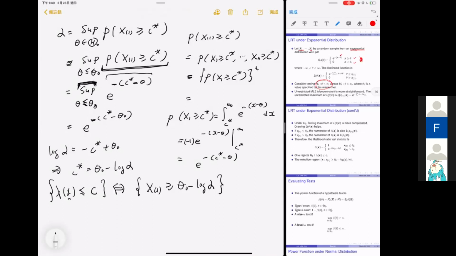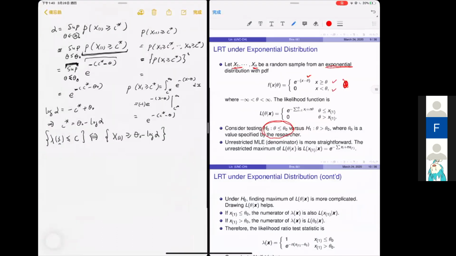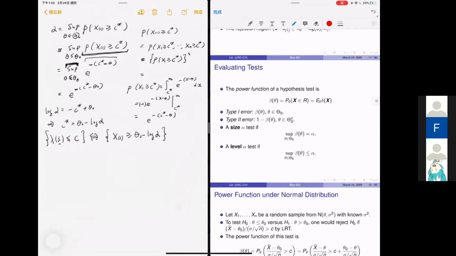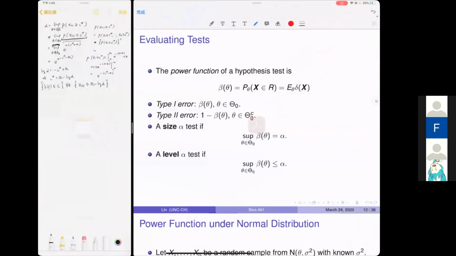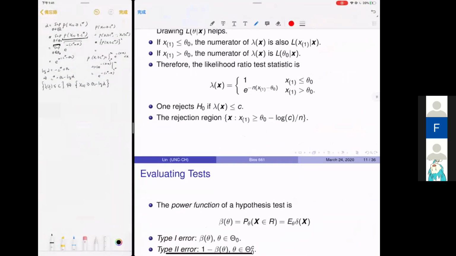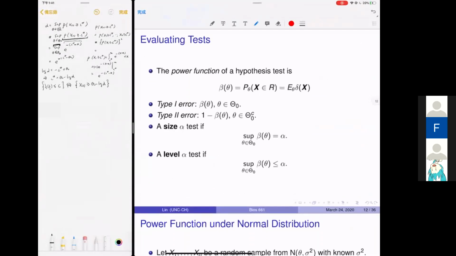We're talking about finding the LRT right here, and then we're talking about power as well. I want to remind you that beta right here is not the type 1 or type 2 error probability, as you will see. Theta is in the null space or the alternative space.